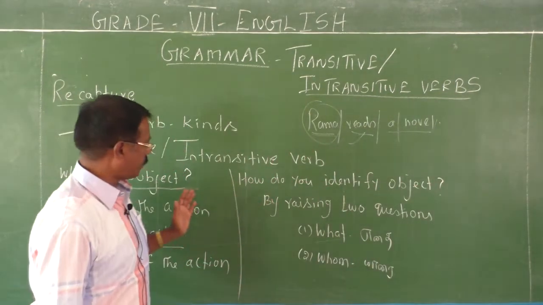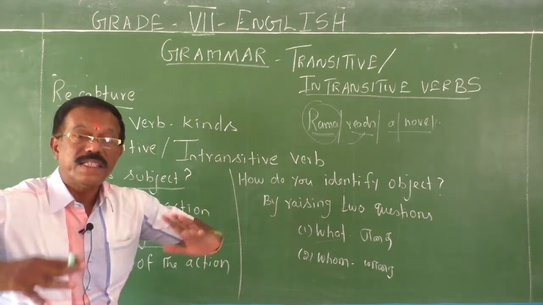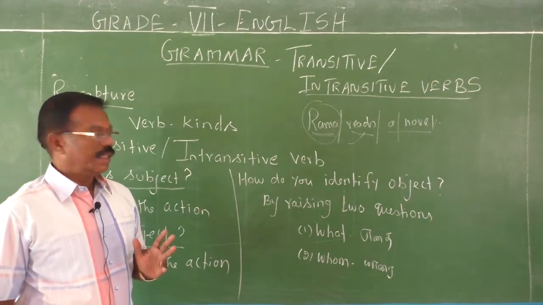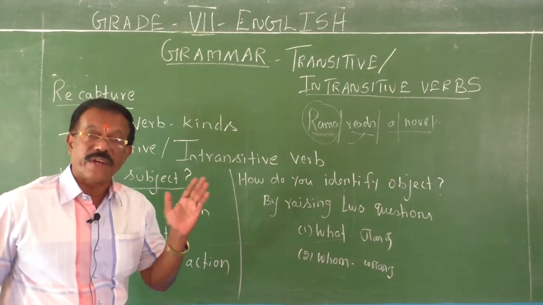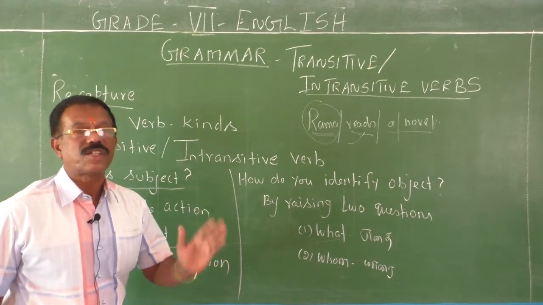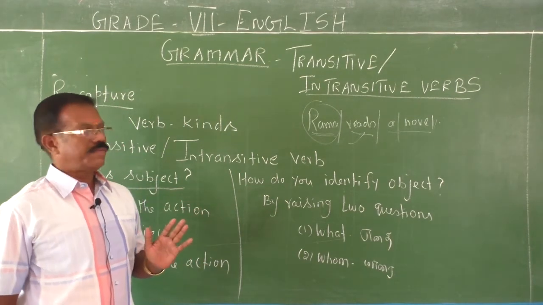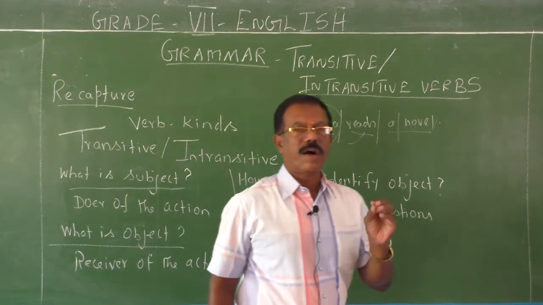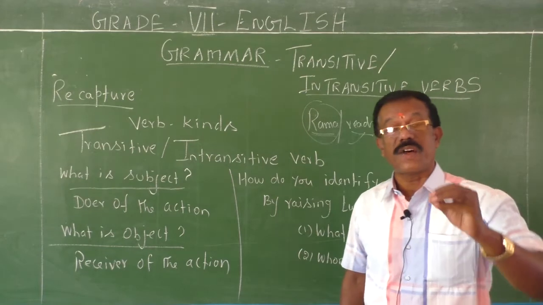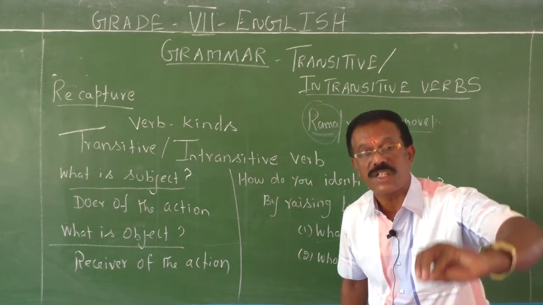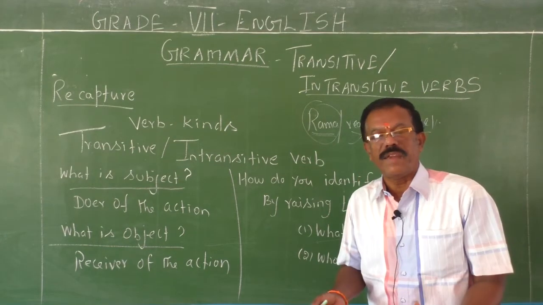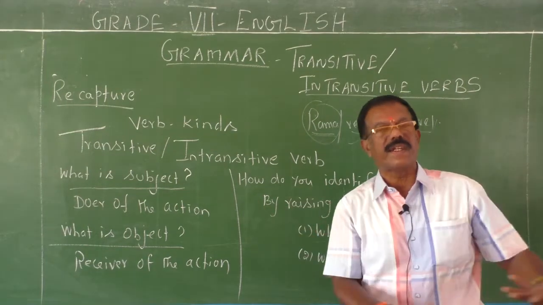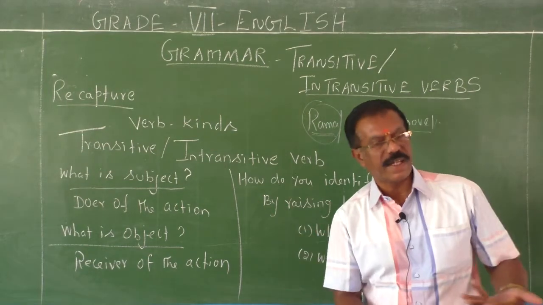Subject is the doer of the action. Object is the receiver of the action. So object is the one who is affected by the action of the subject. That is why we call object the receiver of the action.